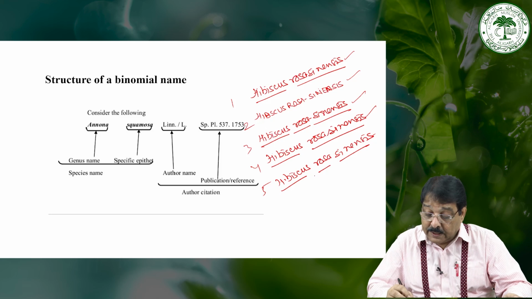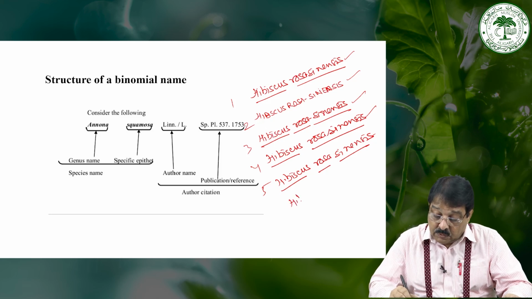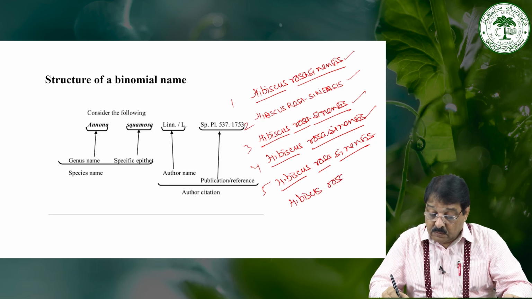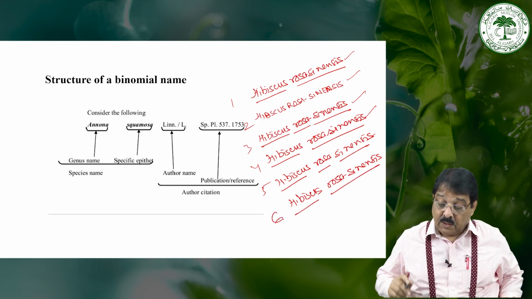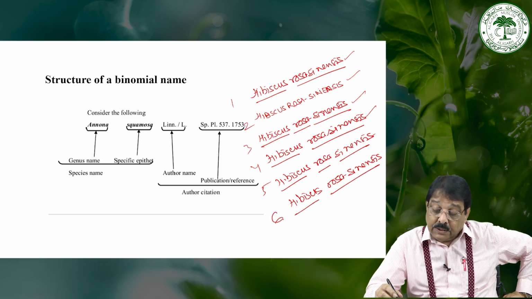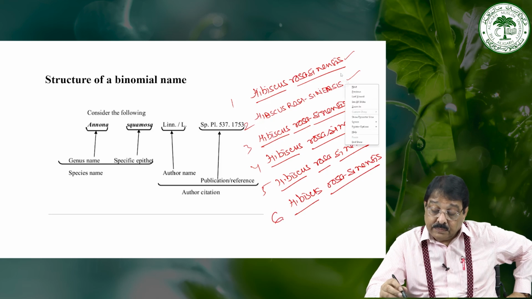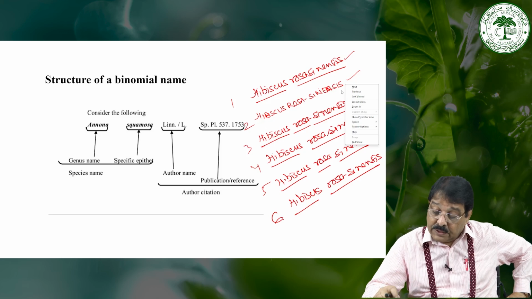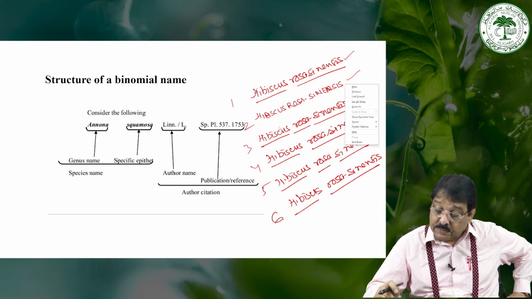If it is like that, one more, six. This one is correct because it is written in capital letters, and if there is a capital letter, there is no need to underline or italicize it.